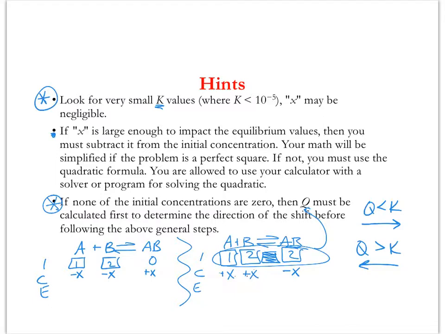There's no zeros anywhere. You have to calculate Q first and then determine which way the reaction will proceed. Will it proceed in the forward direction or in the reverse direction to establish equilibrium?